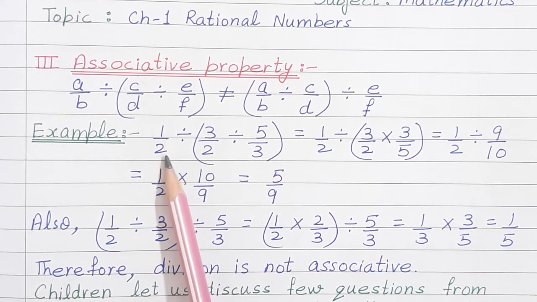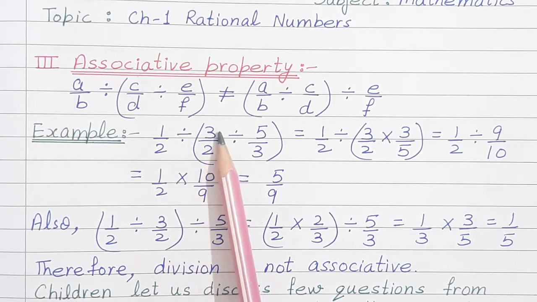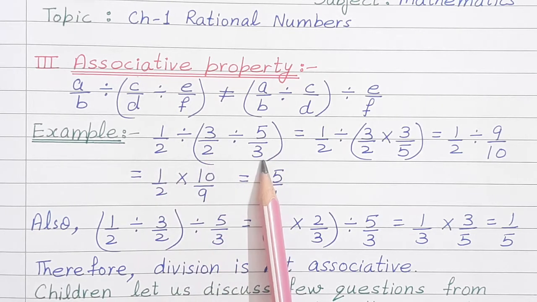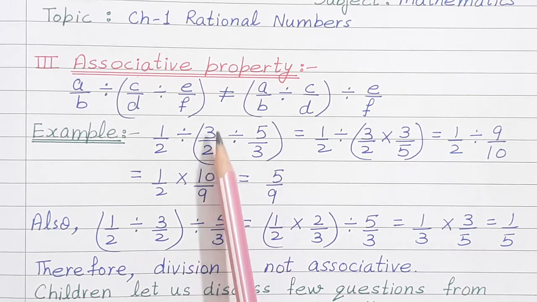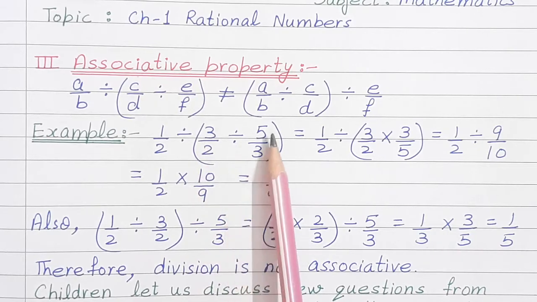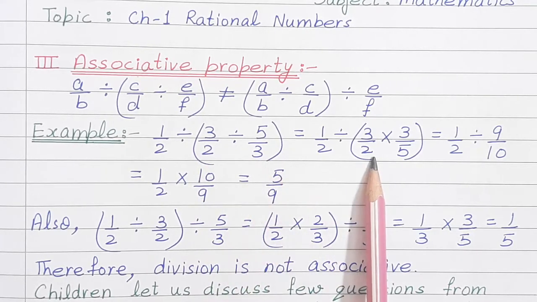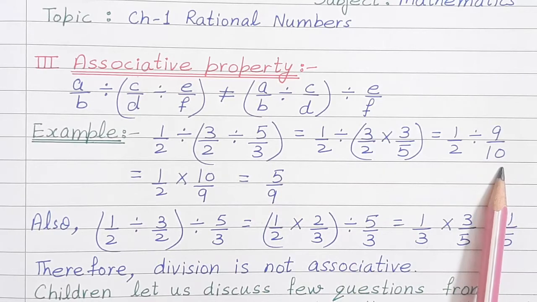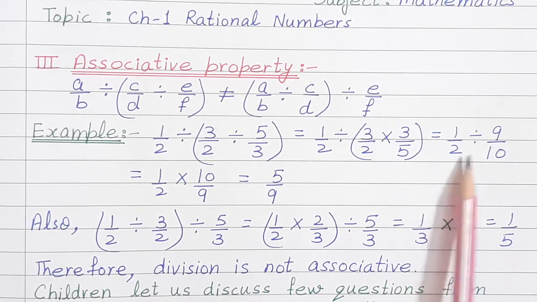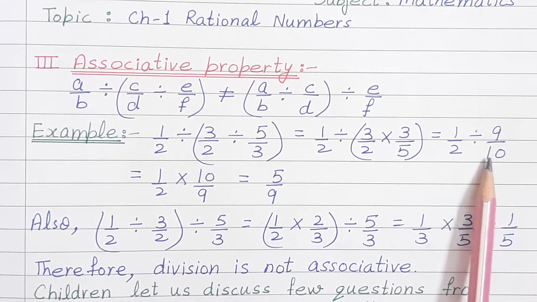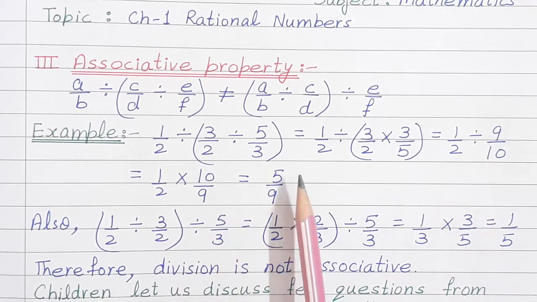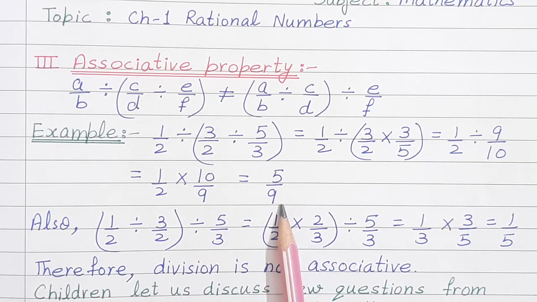Now let the numbers are 1 upon 2, 3 upon 2 and 5 upon 3. So 3 upon 2 divided by 5 upon 3 will give us 9 upon 10. So 1 by 2 divided by 9 upon 10 will give us 5 upon 9. Now this is the left hand side.